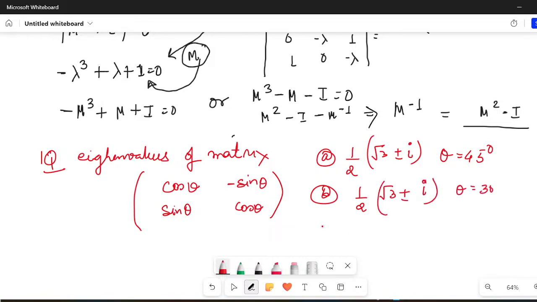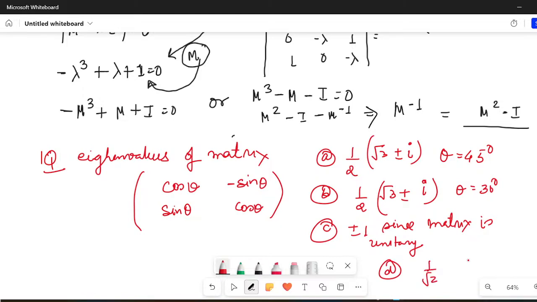Option C: plus minus 1 since the matrix is unitary. Then option D: 1 upon root 2, 1 plus minus iota when theta is equal to 30 degrees.